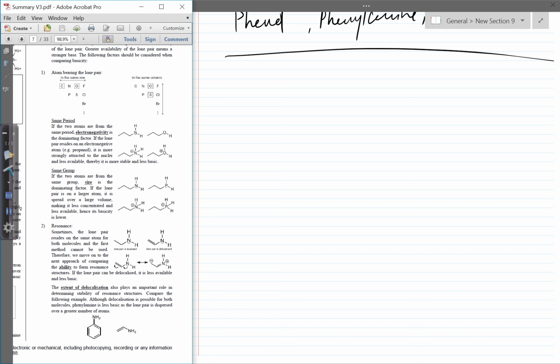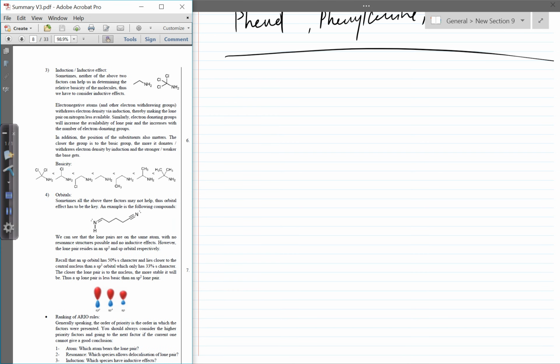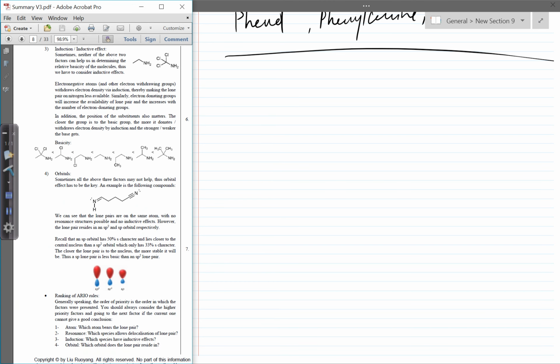For example, phenylamine and your enamine. For your phenylamine, the lone pair is delocalized over a larger area compared to your enamine. So therefore, your phenylamine is less basic. Exactly the same concept as your acidity. Next, inductive effect.